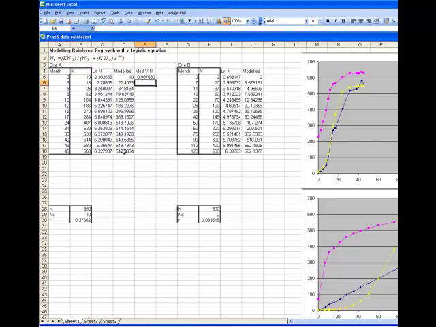Now, if the observed and the predicted were identical to each other, then we'd get a correlation coefficient of 1. So it's a perfect correlation. If it's close to 1, that means we've got a good correlation. We can then play with these parameters in order to try and improve that to make it better than 0.9876.